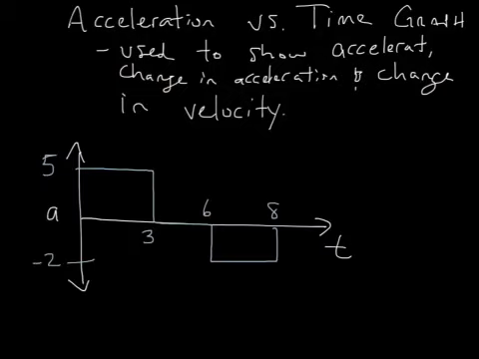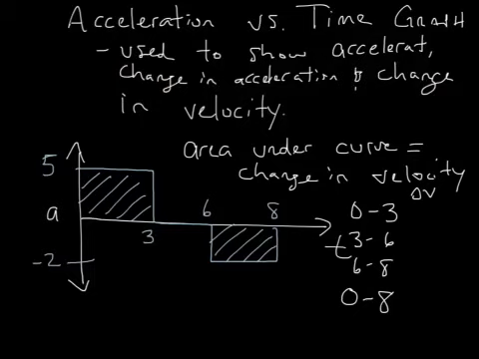So if we have an acceleration versus time graph, just like we said for the velocity versus time graph, where the area under the curve was the displacement, if you have an acceleration versus time graph, the area under the curve is going to be the change in velocity. So again, if we're calculating the area under that curve, from the first 3 seconds, that change in velocity would be 15 meters per second.